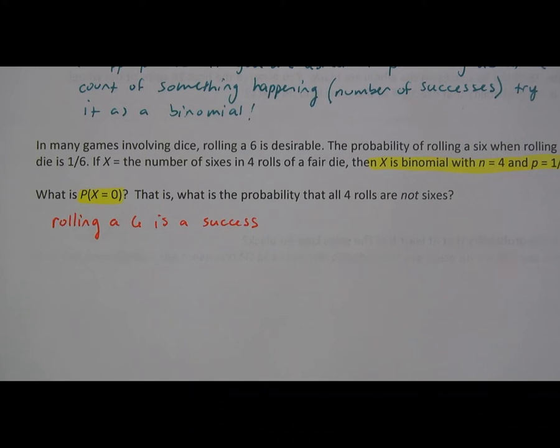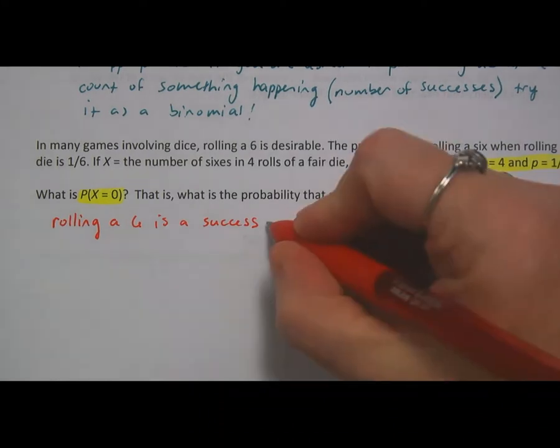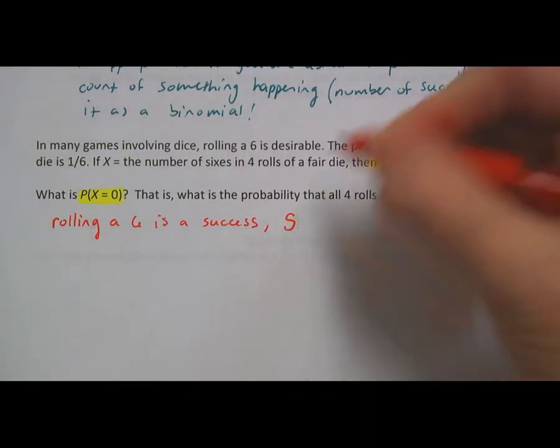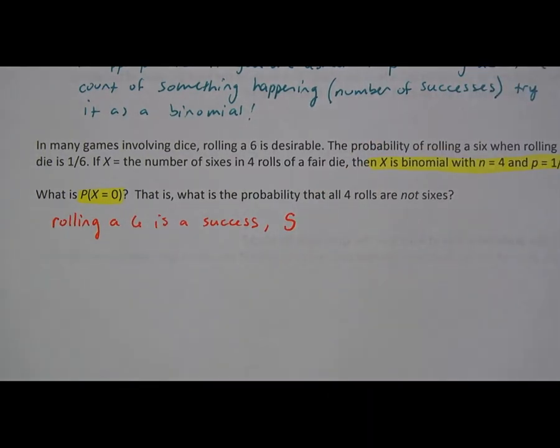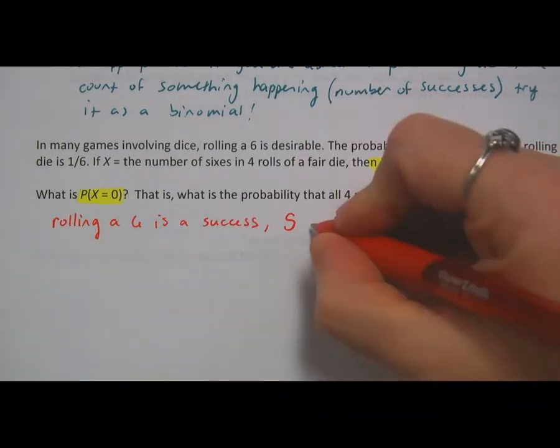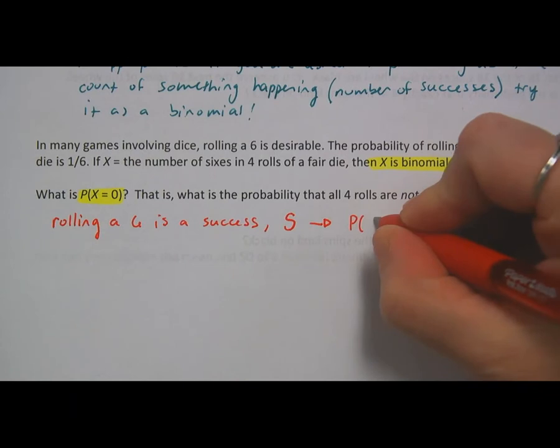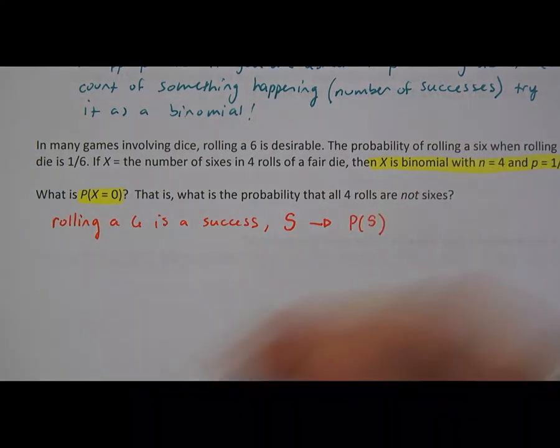I'm just going to denote that with a capital S. That is not a 5. I made it as curly as I could. That is a success, so the probability of rolling a success is 1/6.